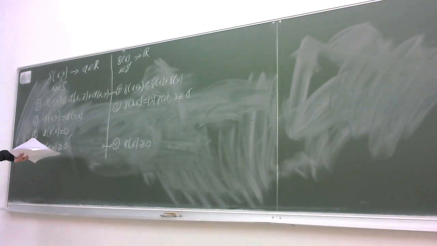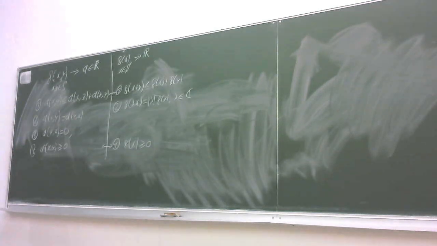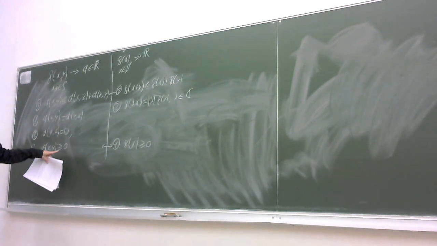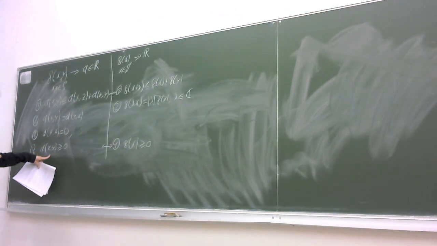I think what follows is having both, and it has to be strictly greater than 0 for different x and y. Maybe, I don't know the definition. But I think you can keep this equality, because it is a property that only refers to when you calculate the distance to itself. So this must be fulfilled, but you can also have something like this.